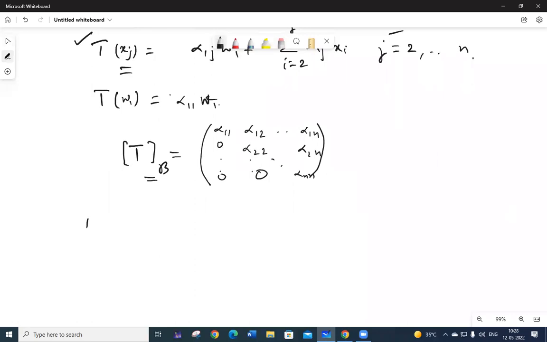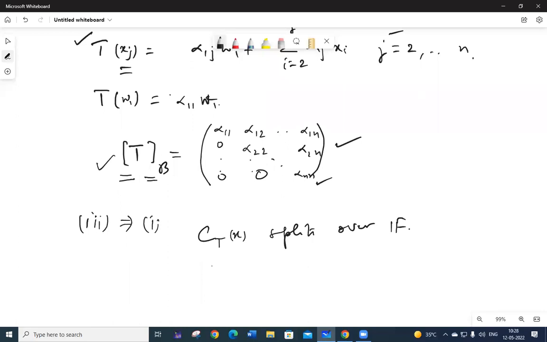Now we are to prove that 3 implies 1. 3 means T is triangulable, that means the matrix of T is like that. Then we have to prove that C_T(x) splits over F. Is that clear or not? From here, yes sir. 3 means this, and I want to prove 1.